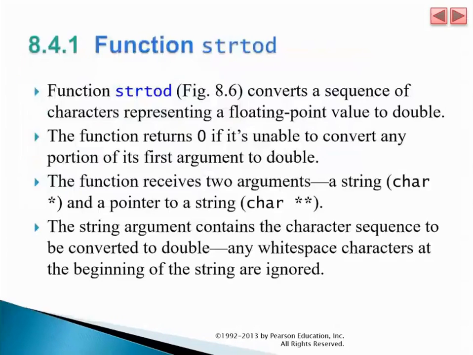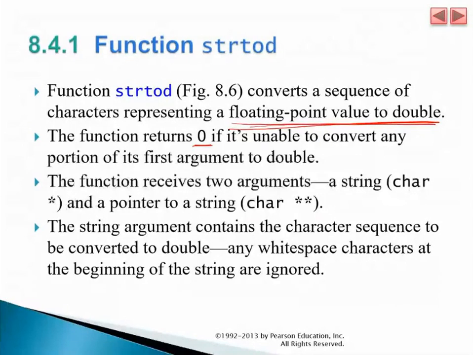String to double converts a sequence of characters representing a floating point value to double. If you see any floating point value in the string, it will convert that value to double. If the function is not able to convert it into double, it will return 0, right? We are giving two arguments: one is a character pointer and one is a character double pointer.